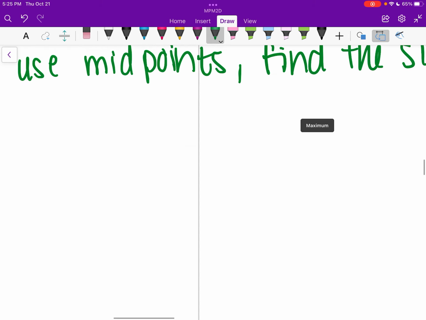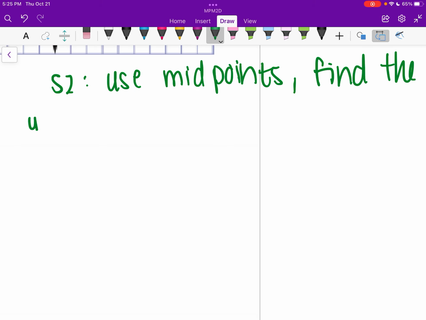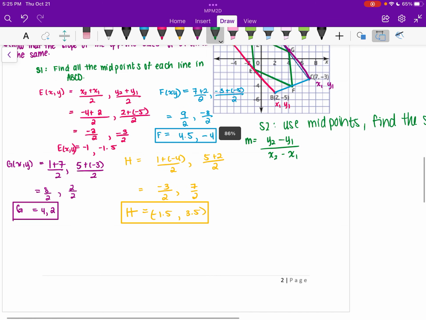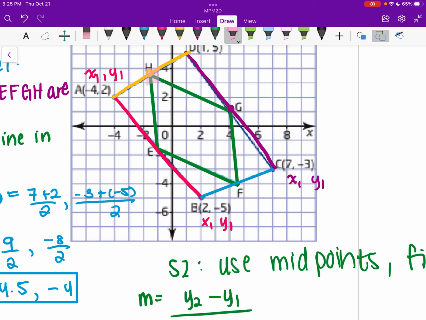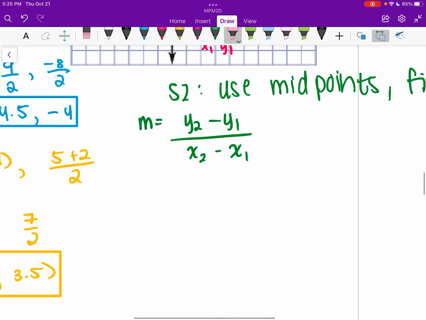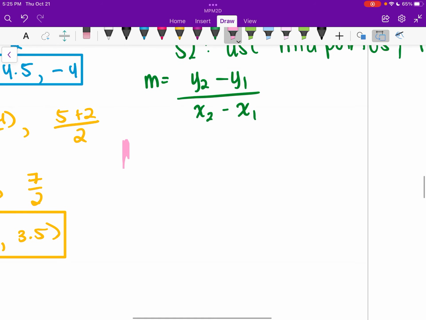Just as a refresher, the formula for slope is m equals y2 minus y1 over x2 minus x1. So the first thing we're going to do is find the slope for E to H.